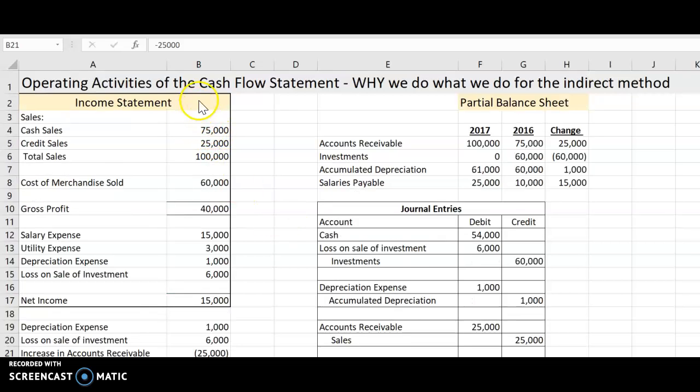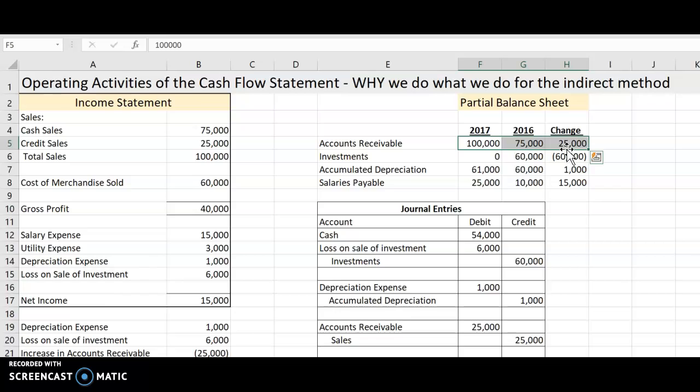Okay, but remember, I told you normally we don't have this breakdown. Normally we would have to look at our change in current assets on the balance sheet. We have to look at that change from 2016 to 2017. It went up. And when current assets increase, we need to decrease them.